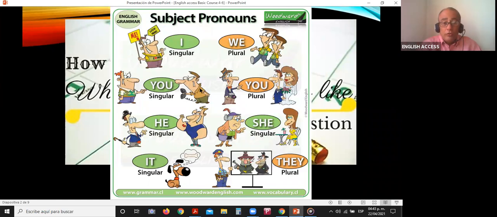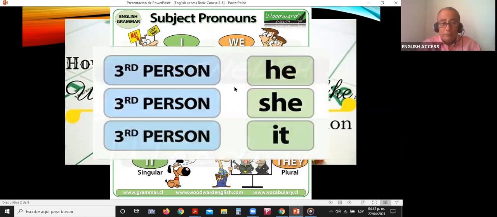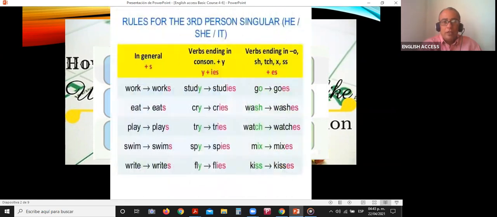We learn also that with he, she, and it, the third person, we need to change the verb. We need to modify the verb with the third person. Here are the rules, and I want you to see a video about these verbs.